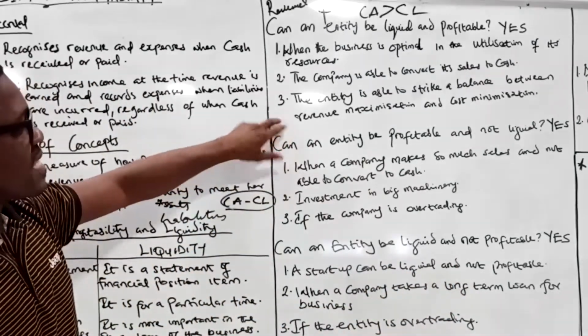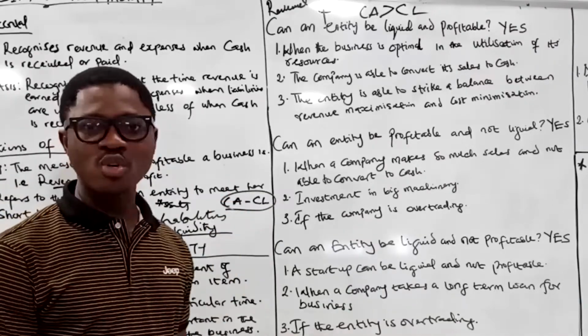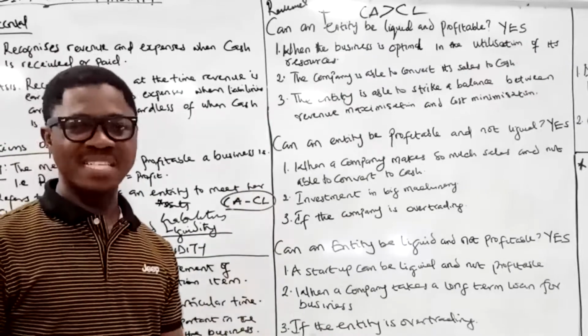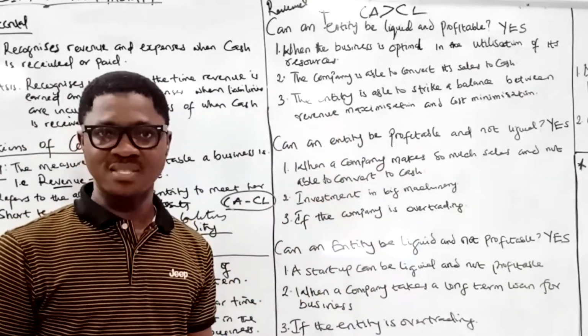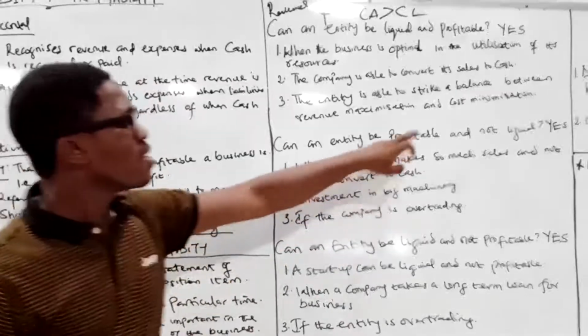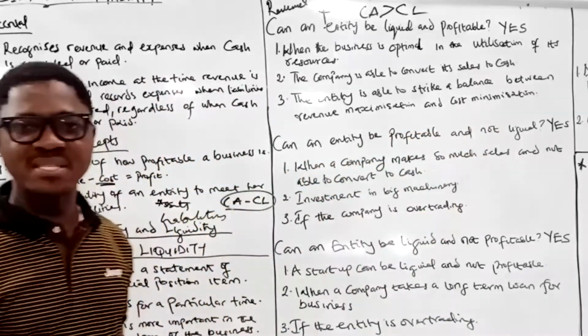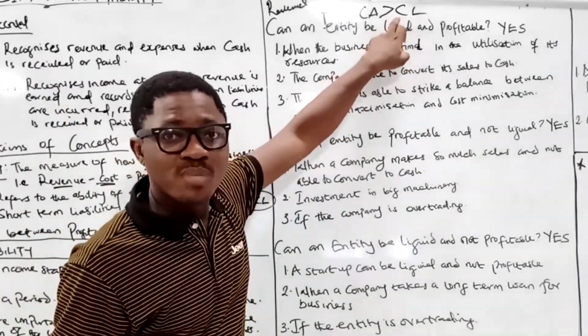Going to the third point, the entity is able to strike a balance between revenue maximization and cost minimization. What does this mean? When a company is maximizing its revenue, the company's bottom line is increased. And do note that cost minimization would affect the liability, which will eventually affect the liquidity position.